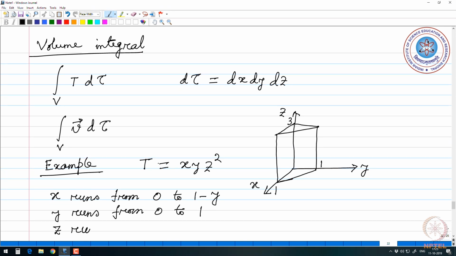So, z runs from 0 to 3. If we have these limits on the variables, we can easily capture the entire volume and we do not really miss anything of this volume. With these limits, let us perform the integral.